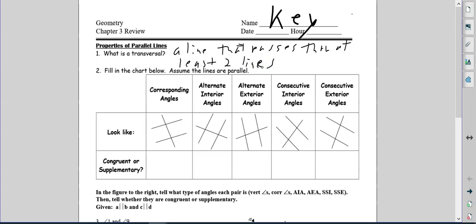Okay. So for example, if I have a line and a line, that one's cutting through as a transversal. I have a third line here, but that one line is still the transversal cutting through those three lines.